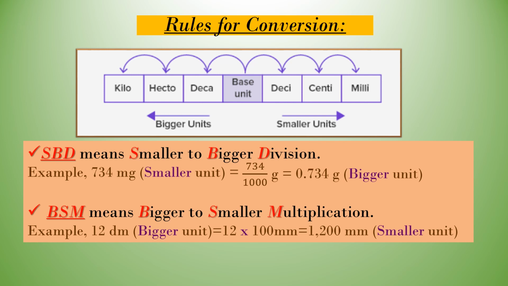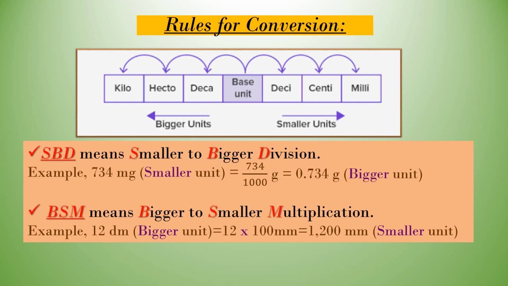Second rule, BSM. B stands for bigger unit, S for smaller unit, M means to multiply. So to convert bigger unit into smaller unit, we will multiply. For example, conversion of decimeter into millimeter requires multiplication.